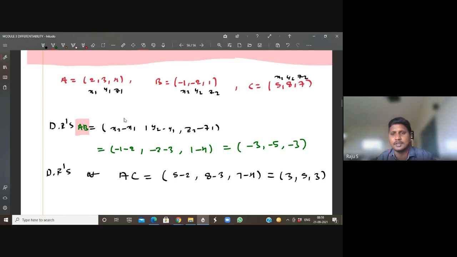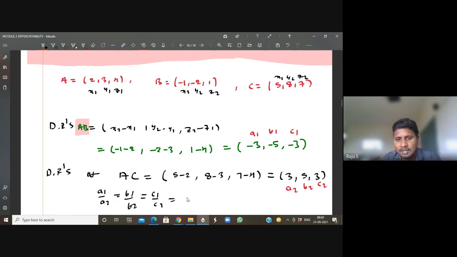When I consider the direction ratios of AB as a1, b1, c1 and this as a2, b2, c2, then we have to check whether these two direction ratios are proportional or not. Like a1 by a2 is equal to b1 by b2 is equal to c1 by c2, and we are getting a constant or not. If it is equal, then collinear. That's all.